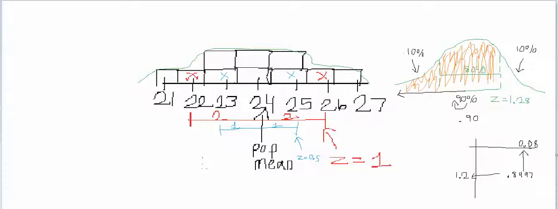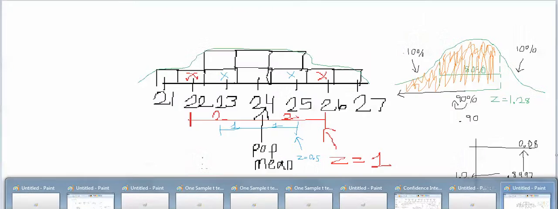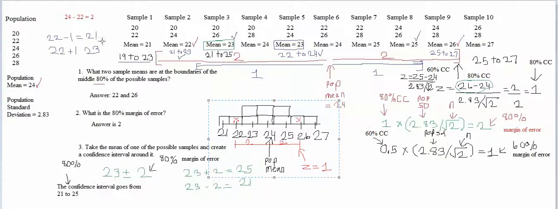Now, how can we predict if the samples will follow a normal curve? Because they didn't quite follow a normal curve in this case. If you take a sample from a population that follows a normal curve, meaning if the individual people in the population follow a normal curve, then the samples also follow a normal curve.